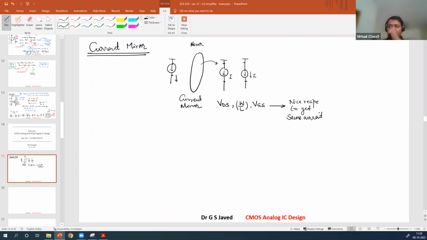Now, what is one circuit where VDS and VGS are the same? Let me ask questions. Who can give me a circuit where the VDS and the VGS simultaneously are the same for both the circuits?